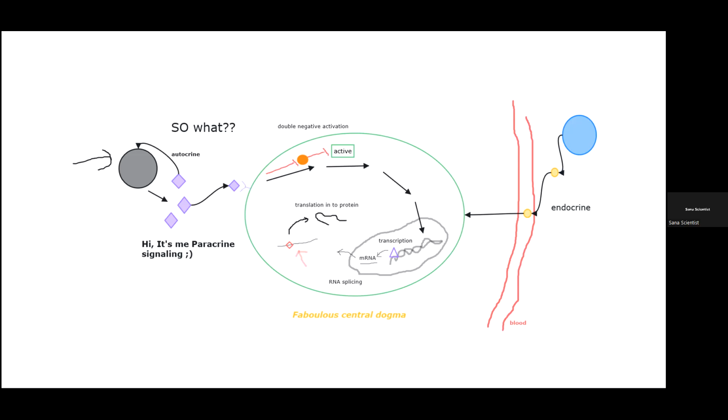So I'm going to talk about the fabulous central dogma we have here. This whole signaling thing is a very general, brief introduction. When the ligand binds to the receptor, here you can see the ligand, and it's completely clear that we have some connection here.